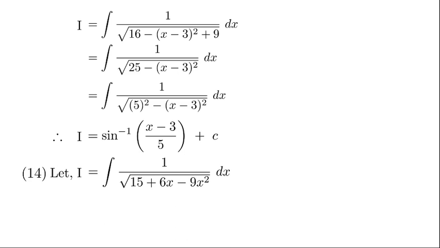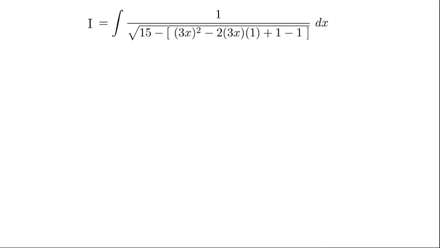Here the coefficient of x square is negative, but it is a perfect square, 9. But still what we do is we take the negative sign out from only those two terms, second and third term. And now within the bracket, adjust, or rather you can say complete the square. 9x square is written as (3x) the whole square, and 6x becomes 2 into 3x into 1. So plus 1 minus 1.